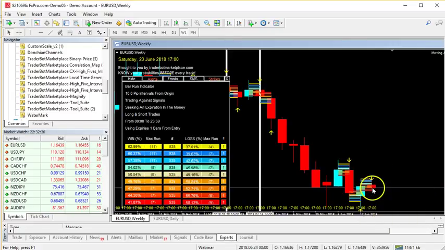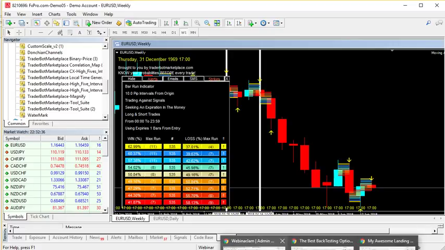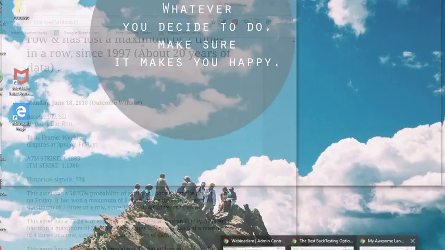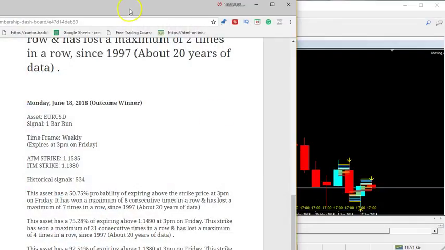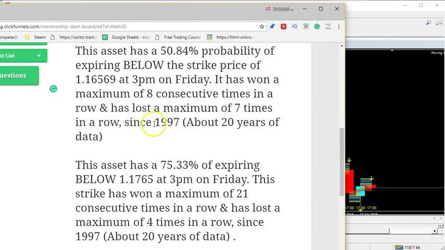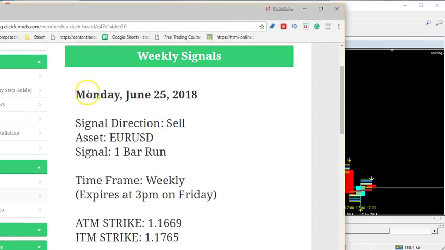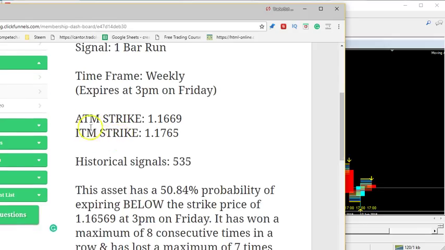Here's this week's signal. This week's signal says, Monday, June 25, signal direction sell, asset Euro USD, sell it at 116.69.